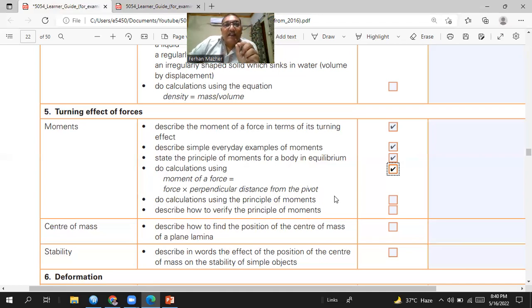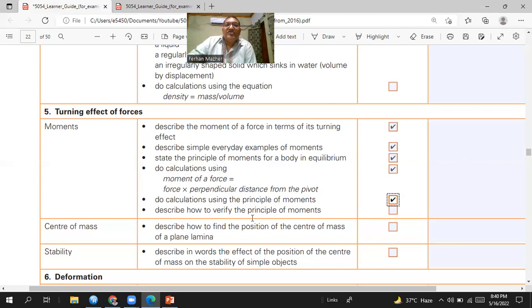And according to that, by using common sense, you have to decide whether this force will make it turn clockwise or anti-clockwise. It is very important, especially when the forces are shown on a rod, that you decide this carefully. Okay.